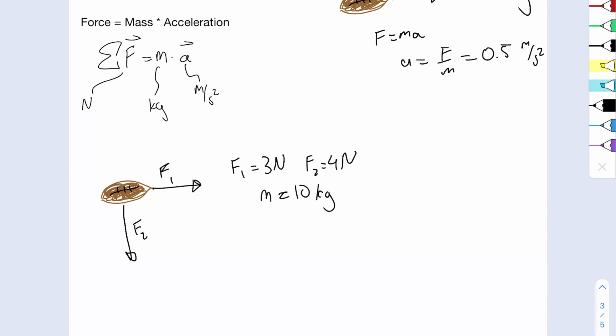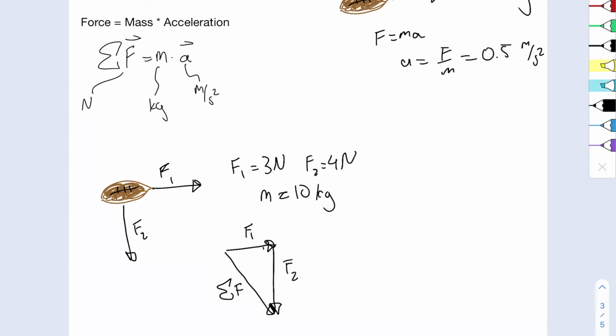First thing we want to find out is what is the net force. Because forces are vectors, we can't just do 3 plus 4. We have to take their direction into account. So we line them up like this. Here we have F1, here we have F2, and here we have the net force.